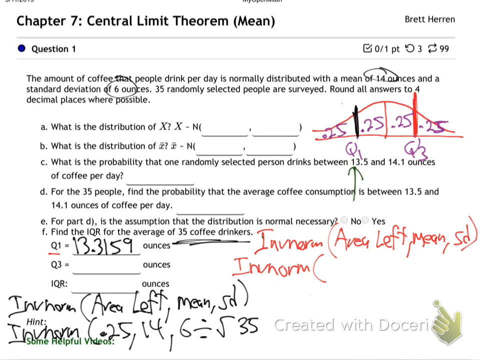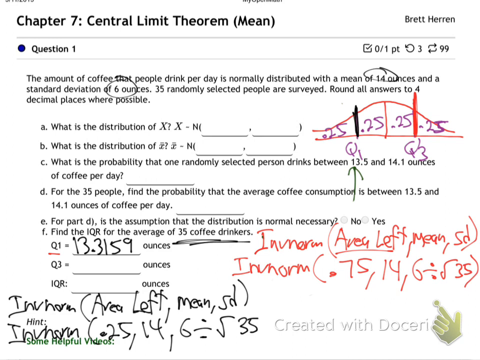If you're at the end of the third quarter in a football game, how much of the game has already gone on before you? 75% of the game. So the area to the left is 0.75. The mean is still 14. Standard is going to be 6 divided by square root of 35.